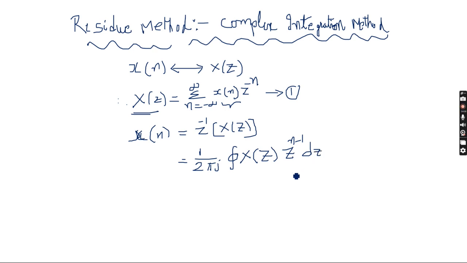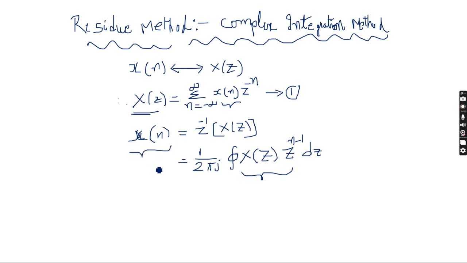In the classroom, last class we have derived this equation. Do you remember, or if unable to remember, please open the notebook. Then you can see this derivation, last topic, last Friday. Yes. So here you have to find out this integral value, then you can find out the x of n.